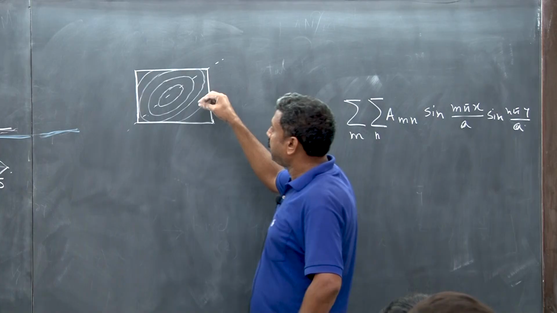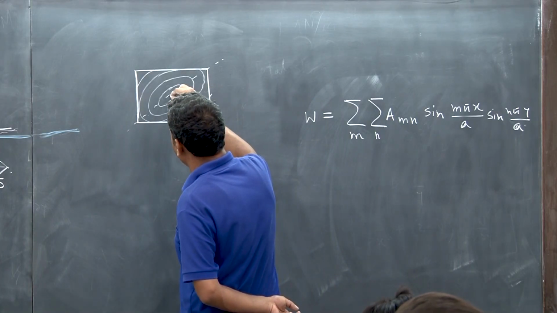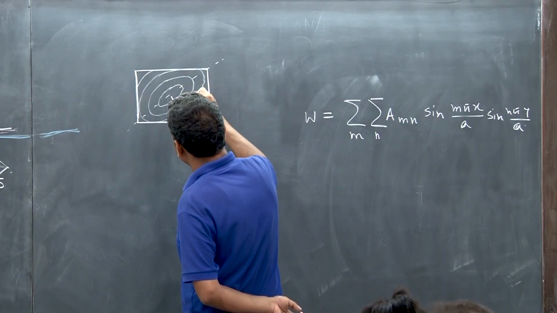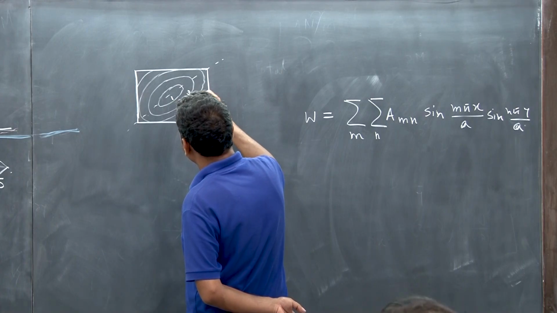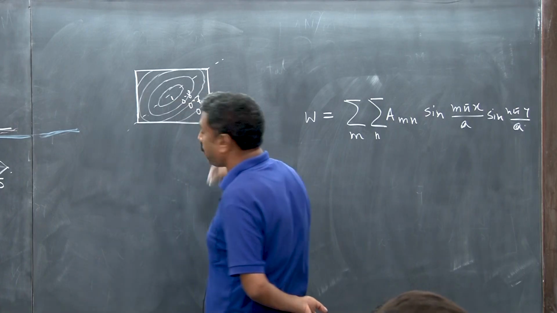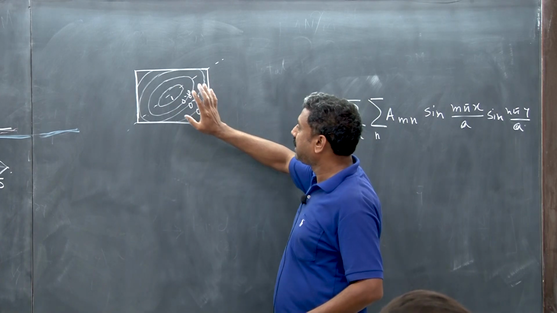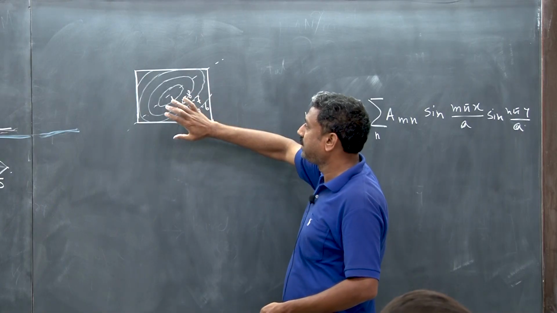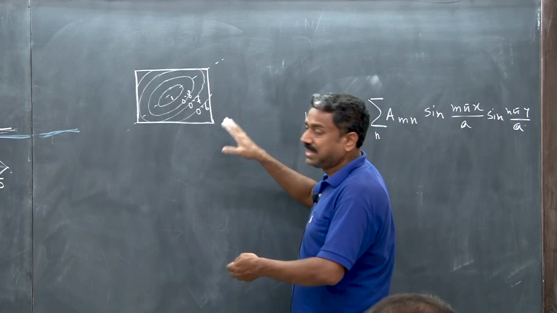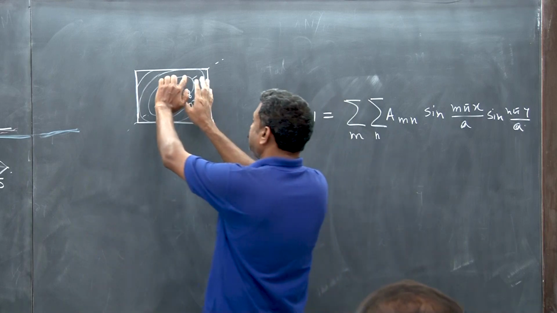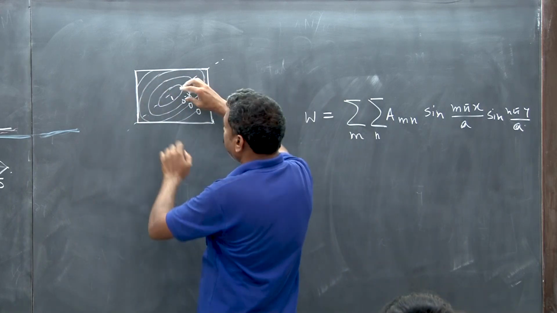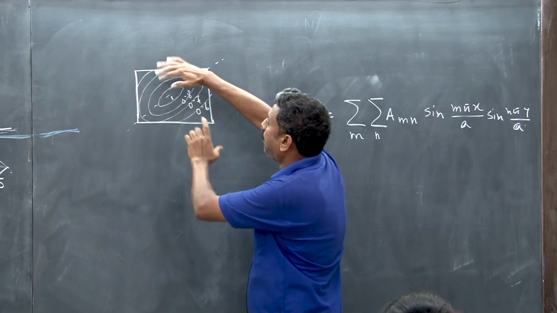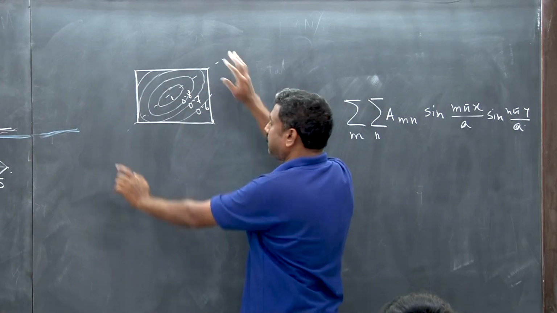That means, maybe this is a value of 1, then this is 0.8, 0.7, 0.6, something like upward. So it is coming out. You see that it is coming out, but then the contour looks like this, it is being flattened outside. So, here it is maximum, and at other places it is going down.